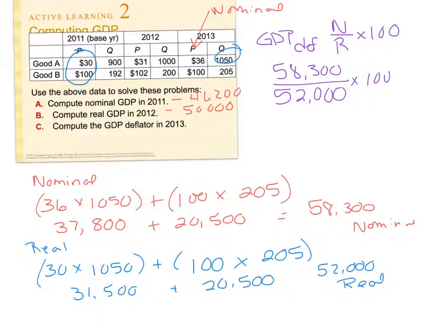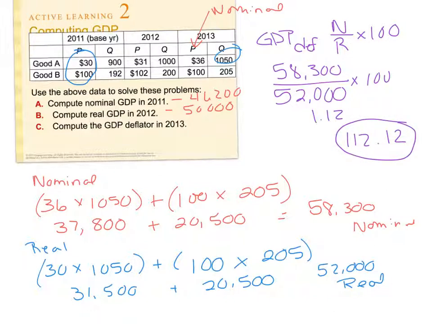When I divide nominal by real, 58,300 divided by 52,000 ends up being 1.12, and I'm going to multiply that by 100, and that gives me 112.12.